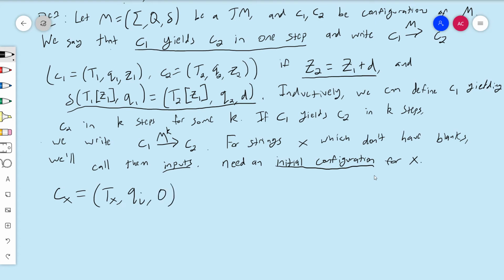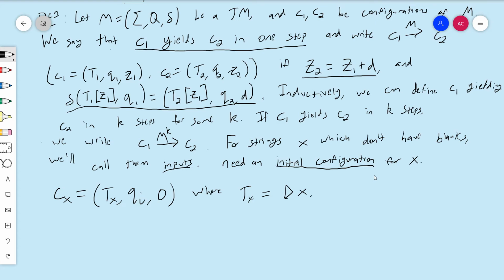Remember, a configuration consists of a string that represents the tape contents, a state, which I want to be the initial state, obviously, and also 0, to indicate that the location I'm starting at is the 0 location, and then everything else is relative to there. Where t sub x is effectively just the play symbol followed by x.